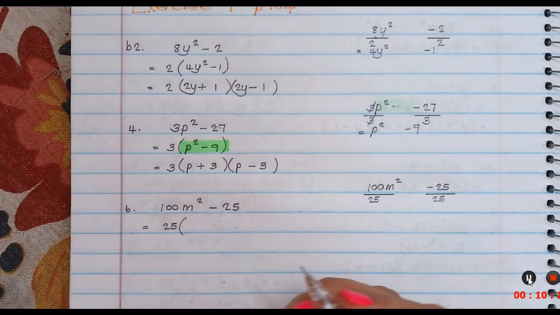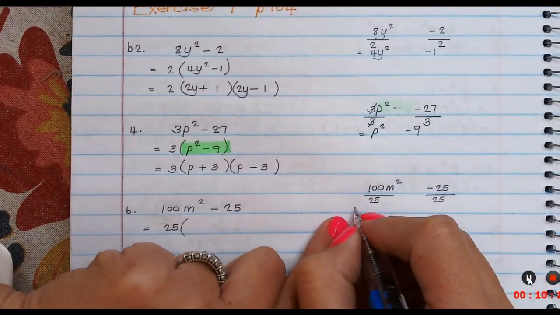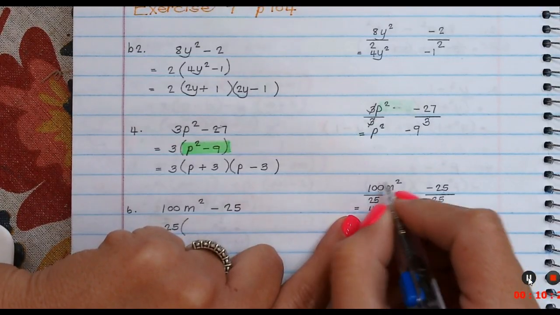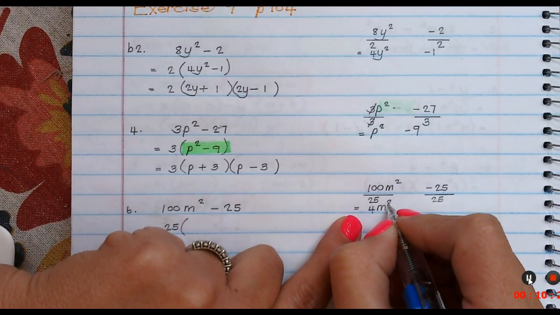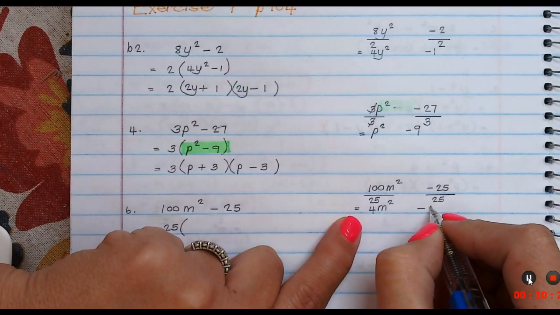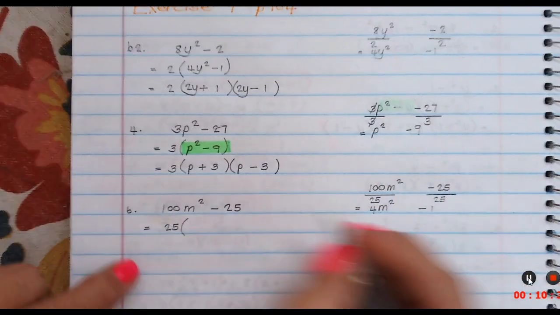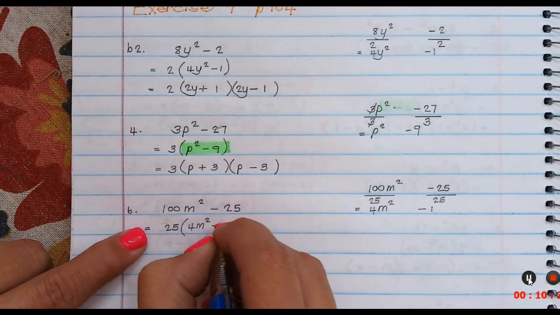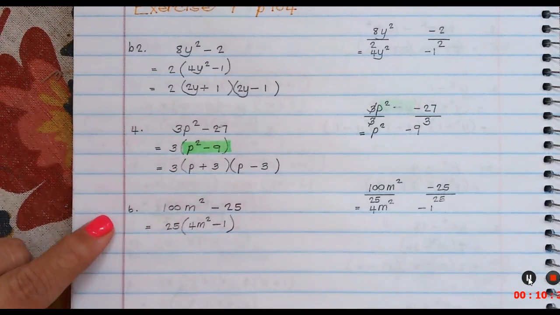Right, let's do the division. 100 divided by 25 equals 4m squared, because there's nothing to divide with. Negative divides by positive, negative 1. So in my brackets I have left 4m squared minus 1.